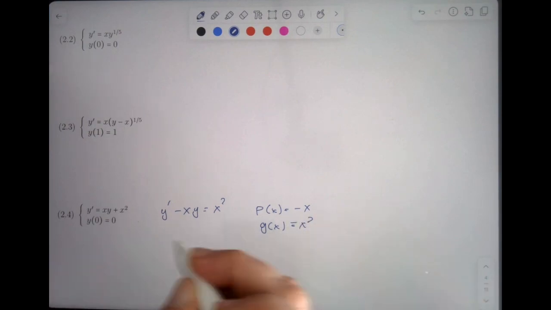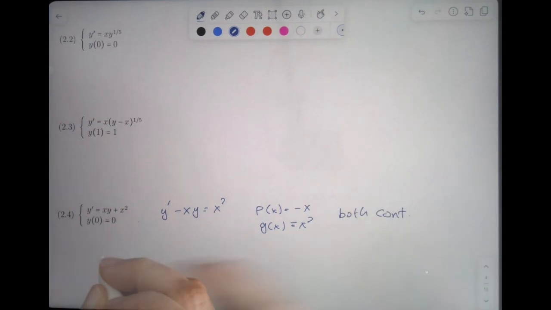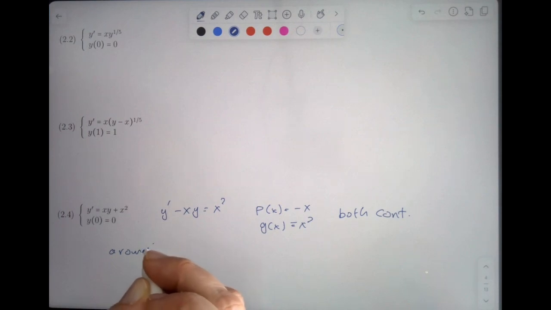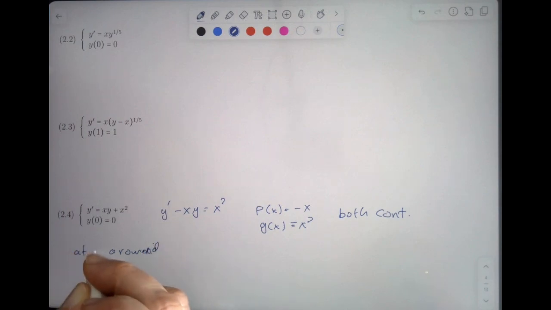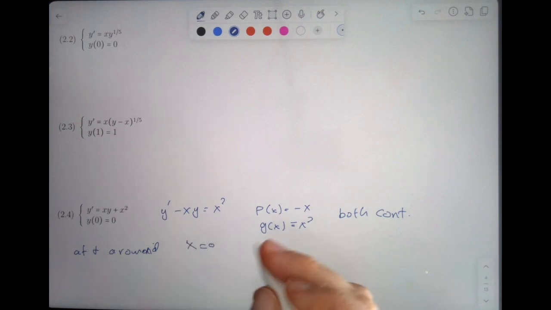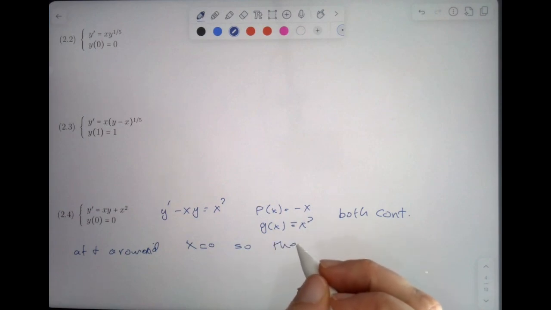They are both continuous at and around x equal to 0. So there is a neighborhood.